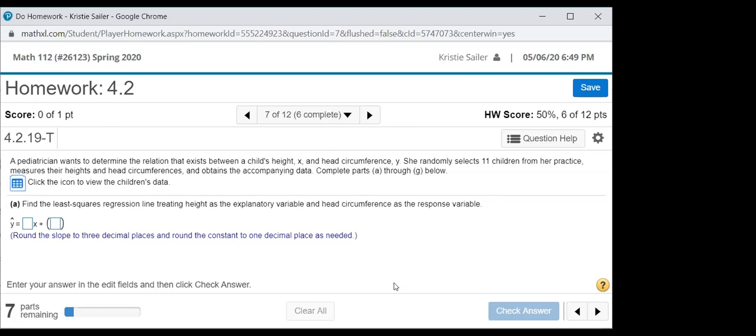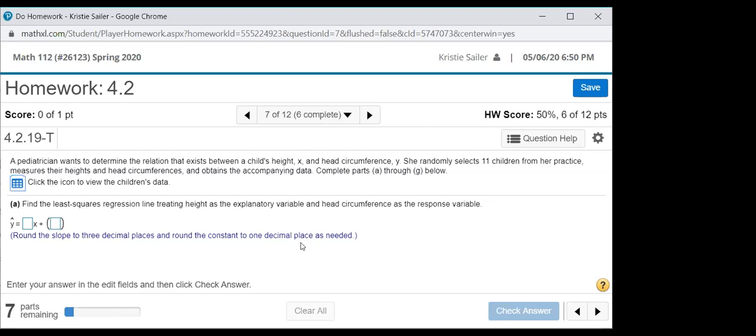And then you're going to round the result. There are 2 regressions on your calculator, number 4 and number 8. I would suggest using number 4 because it is in the same format as your equation here.